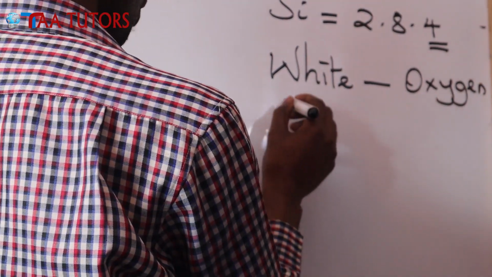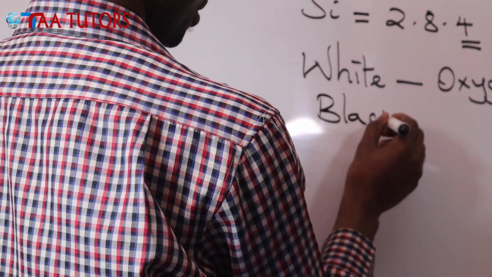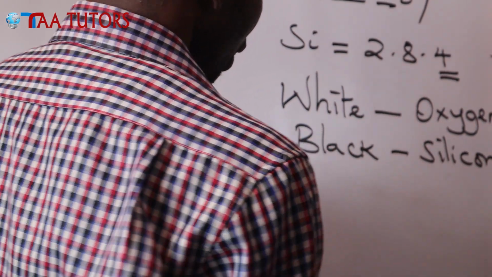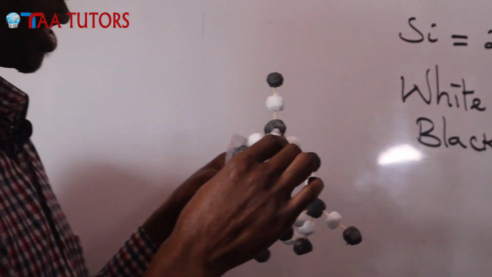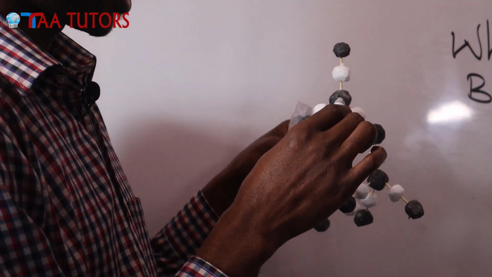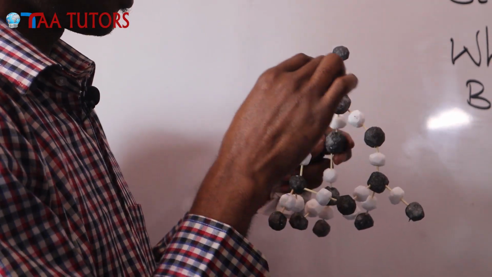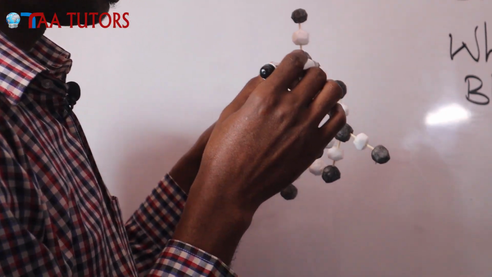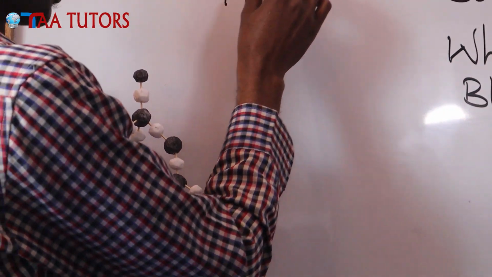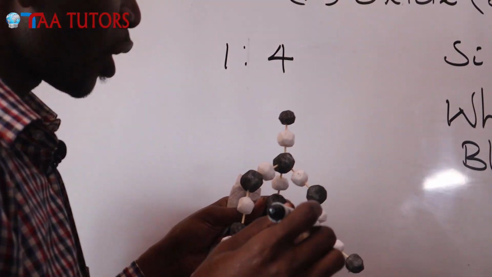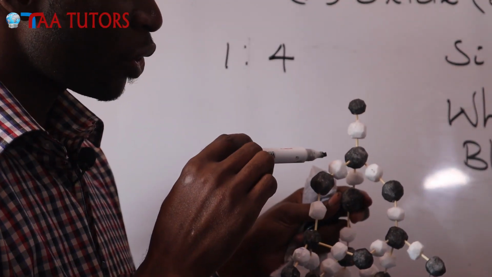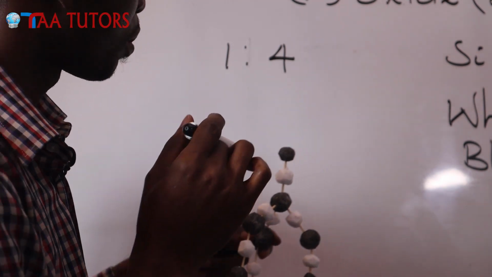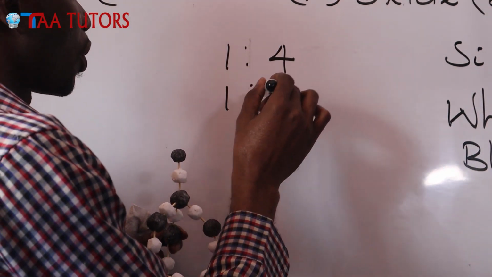So if this is the silicon atom, each silicon atom is bonded to 4 oxygen atoms. So I can say 1 to 4. If we talk about each oxygen atom, if you take this oxygen atom here, it is connected to 2 silicon atoms. You can see that particular ratio there.